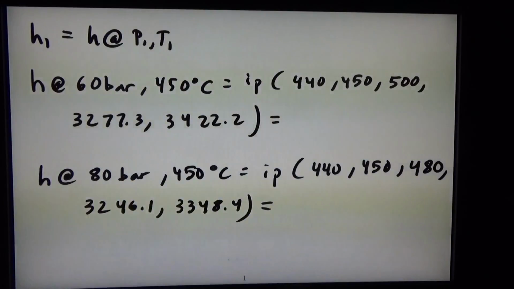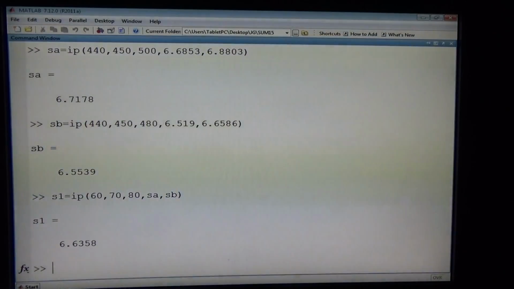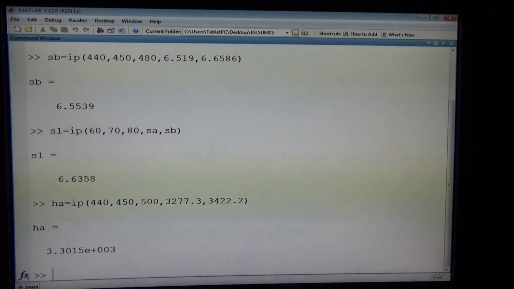Alright, so we can get these two values real quick in the calculator. HA is interpolating between 440 and 500, 3277.3 and 3422.2. Alright, so HA is 3301.5.